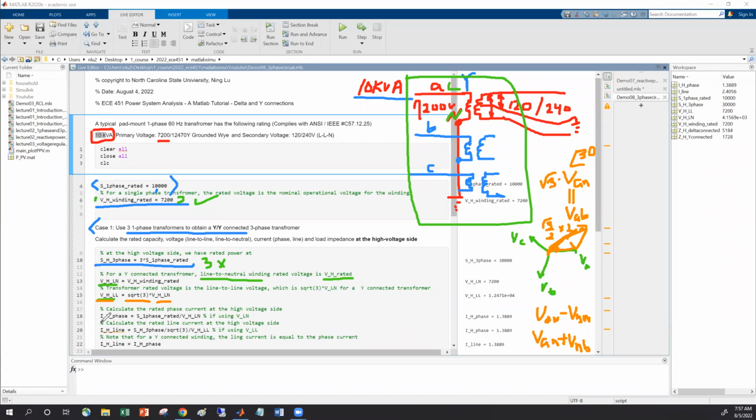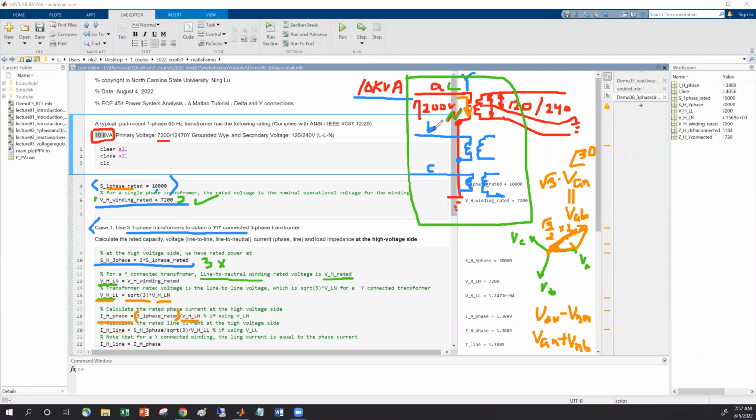And then next we're going to compute the current. So one way to compute this current flowing through here is simply using the phase voltage, line-to-neutral voltage, and then the capacity of this single phase, right? So we have the rated power for the single-phase winding at 10,000, and you can simply use that to divide by this.